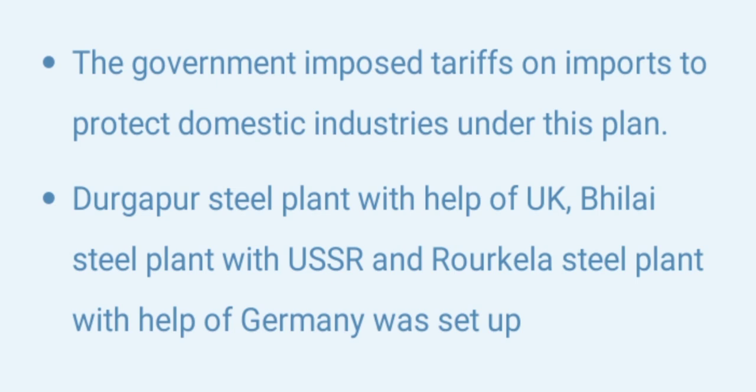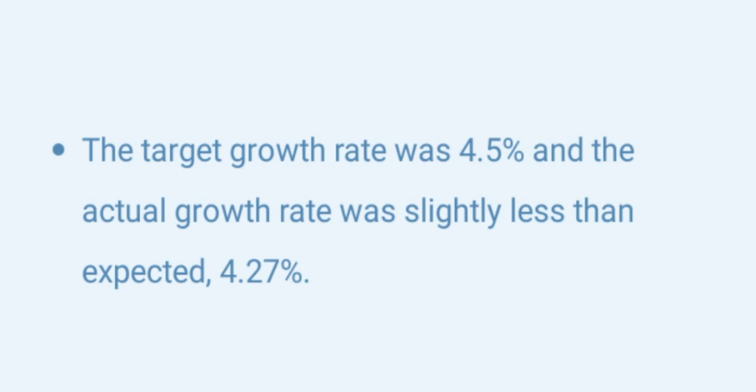Durgapur Steel Plant with the help of United Kingdom, Bhilai Steel Plant with help of erstwhile USSR, and Rourkela Steel Plant with the help of Germany were set up. The target growth rate was 4.5 and the actual growth rate was slightly less than expected, that is 4.27.